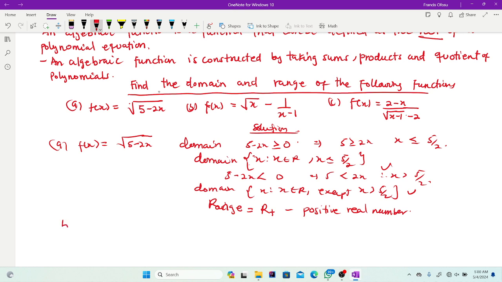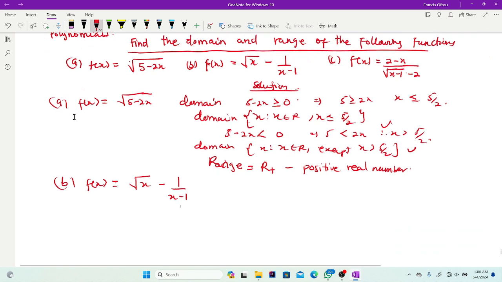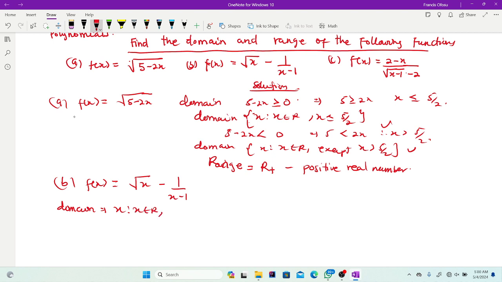Now let's see the b. The b is f of x equal to the square root of x minus 1 over x minus 1, right? So I want to find the domain and range of this function. To find the domain, as usual, I say x such that x is a member of all real numbers except, now this is a radical function, right?